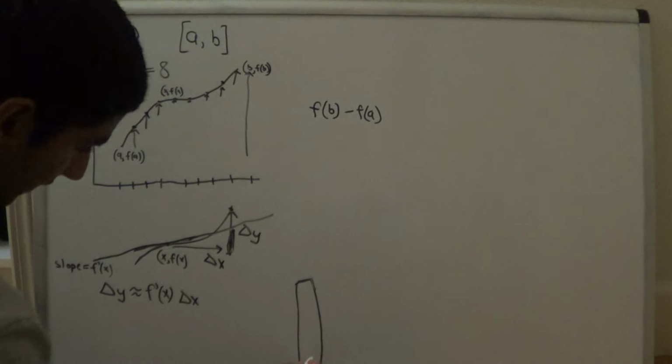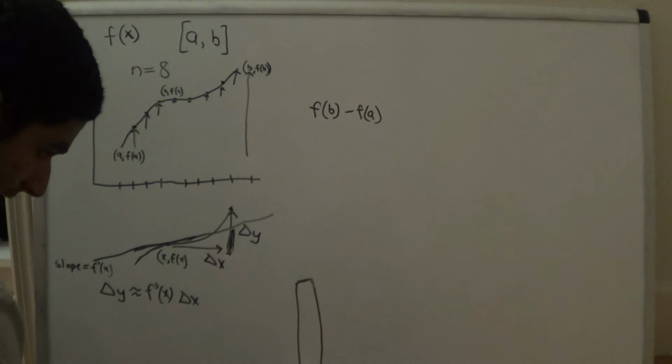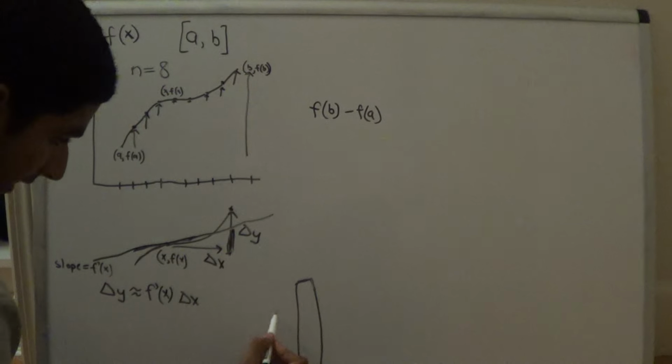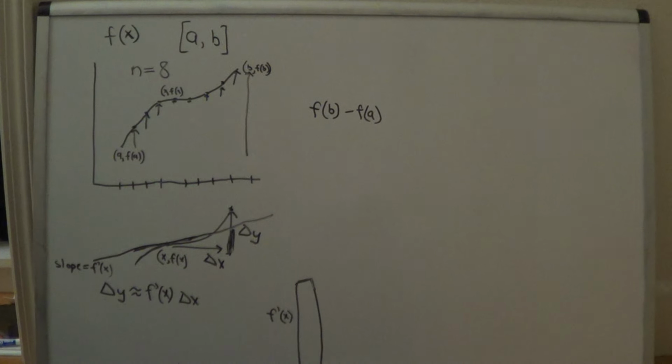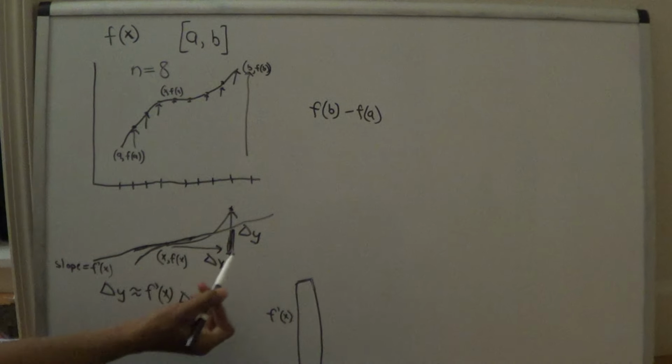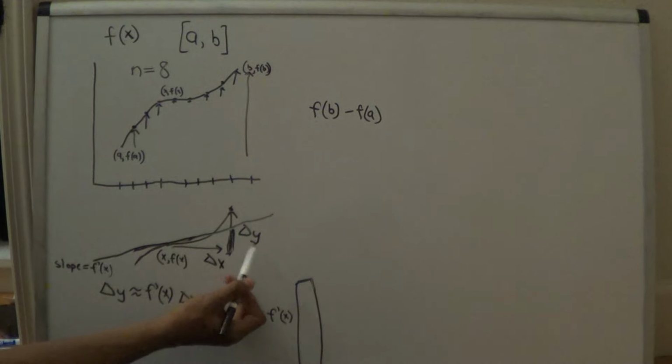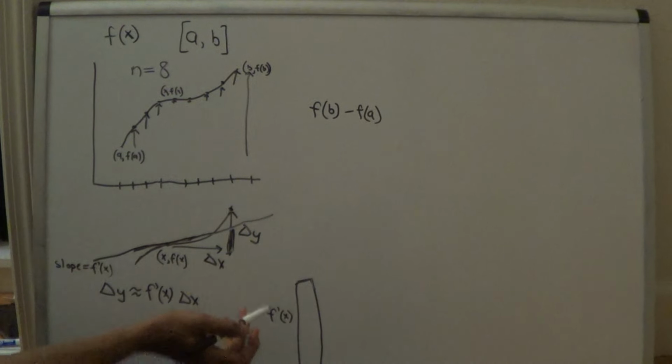I'm making it such that its base is delta x and its height is f prime of x. The reason I did that is so that the area of this not very well drawn rectangle is f prime of x times delta x. So the area is f prime of x delta x. This area, therefore, is approximately equal to delta y.